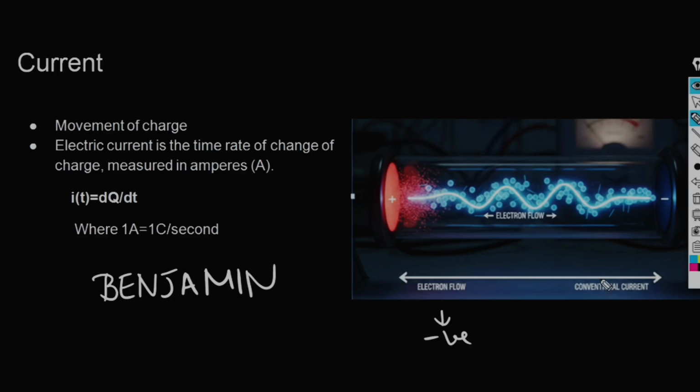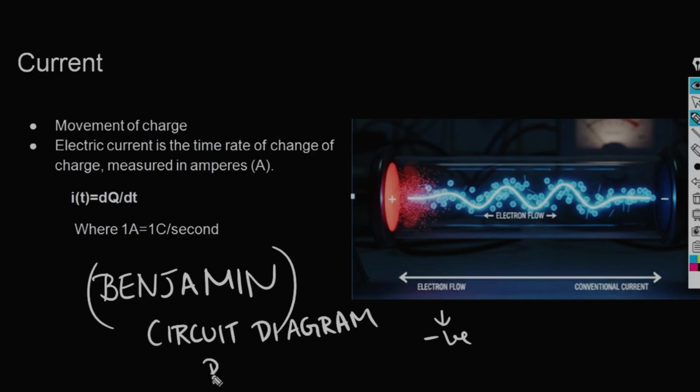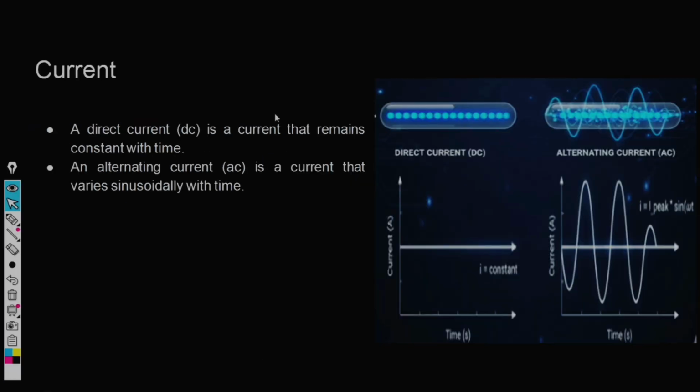But because of the concept introduced by Benjamin, which is used in multiple cases like circuit diagrams, right hand rule, etc., where conventional current direction is considered, what you should know is conventional current direction is always opposite to the direction of electron flow. We have two different types of current, one called DC current, one more called AC current.